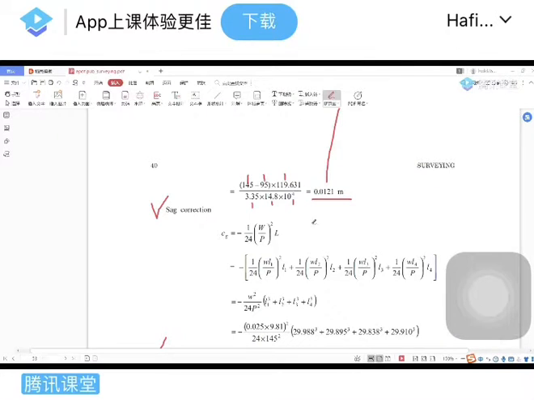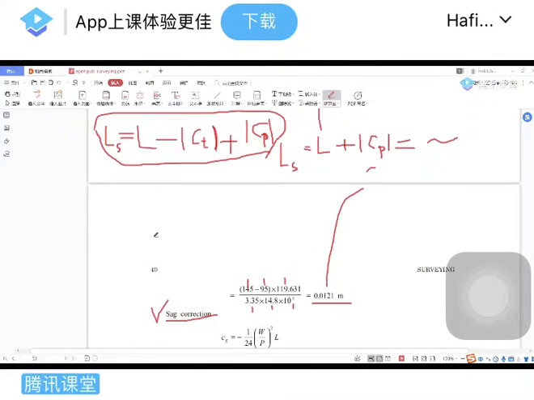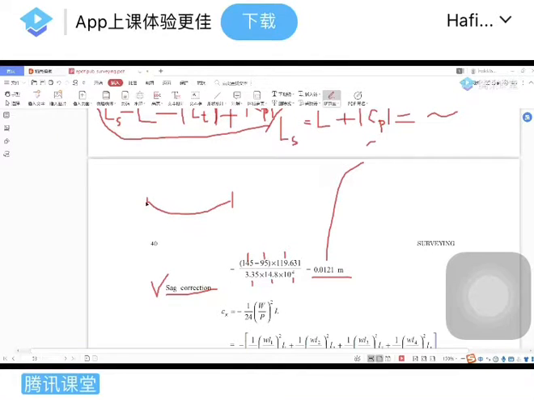Now we come to what's called sag correction. Look at this one. If the tape is too long and you don't exert enough force, the tape will be soft. It's called sag. This will create some error. So for the sag, if you use this one, this is your nominal distance, and you underestimate the nominal distance.